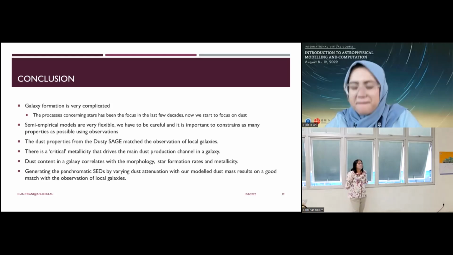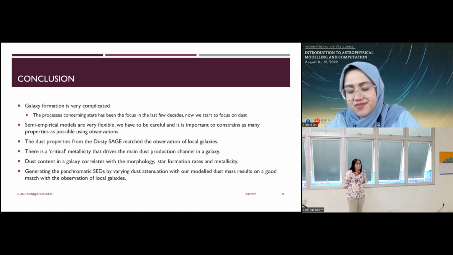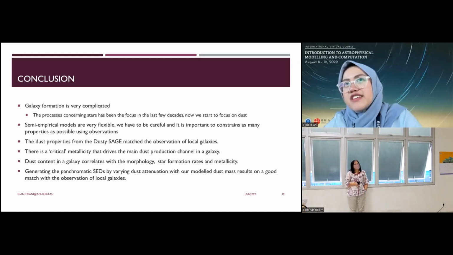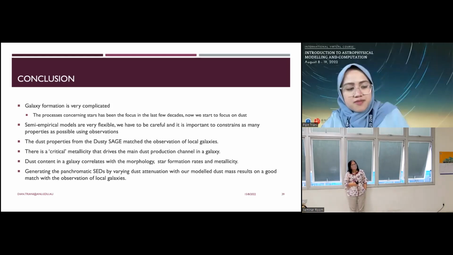Yes, let's say we have a WIMP dark matter model. So what dark matter models are you using in this Dusty Sage? I'm not sure on that. Oh, so you mean you have the dark matter models and want to constrain them? So you want to use a different cosmology? Yes. Okay.